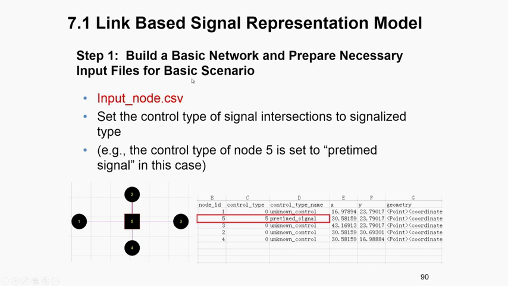So in the first step, if you use a link-based traffic signal representation, you have an input node. In this final example, node number 5 is the intersection. And in this input node file, node number 5 has a control type of 5 corresponding to a pre-timed signal.